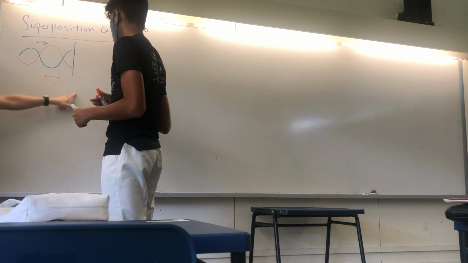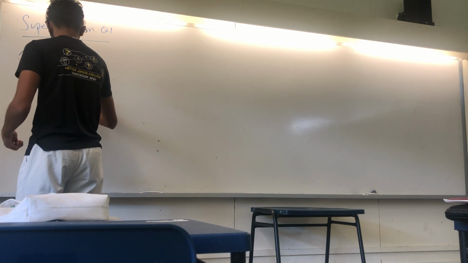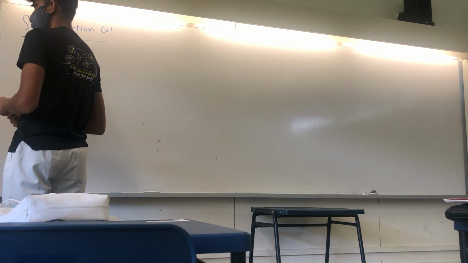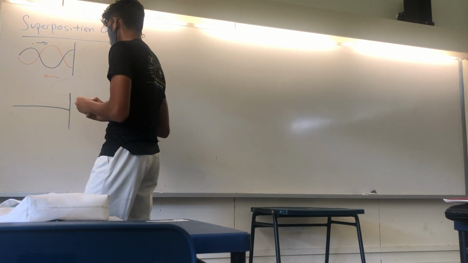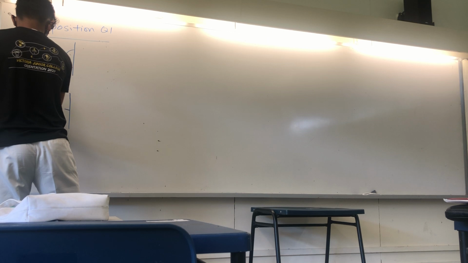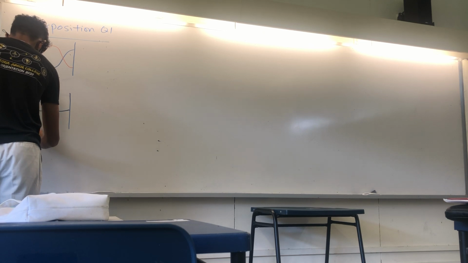Draw one more axis. Yeah, it's flat, right? Because now they just cancel one another. There's nothing, because it's a standing wave. The resultant wave is not confirmed yet. So you just draw a straight line, then you just say no resultant.